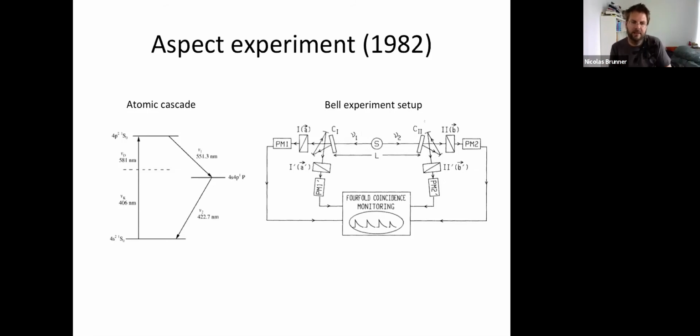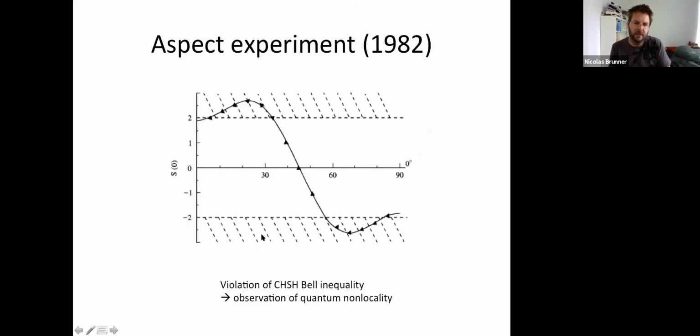And so that's why this experiment is very famous, because it's the first experiment that showed violation of Bell's inequality in a situation that is space-like separated, right? If it's not space-like separated, you can still think that there is some form of communication that is mediating the correlations.